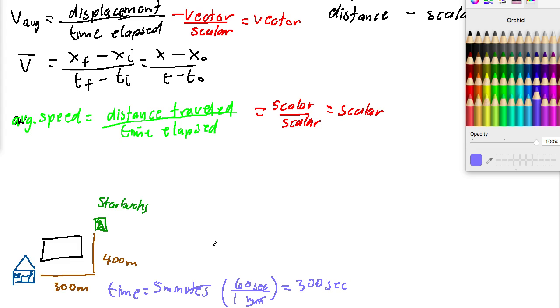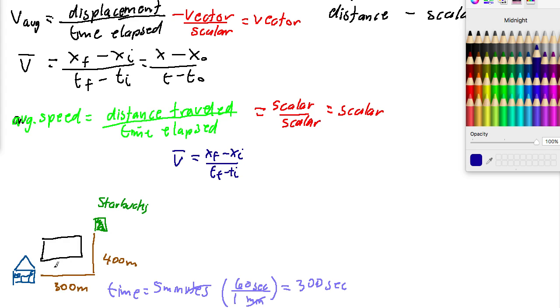Now we have our time elapsed from point A to B. In order to find our average velocity and our average speed, we have to use these formulas that we talked about earlier. So let's start with average velocity. Remember, average velocity, v with the little line on top, is x final minus x initial over t final minus t initial.